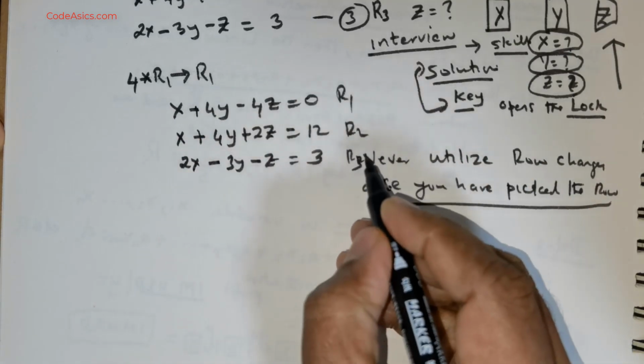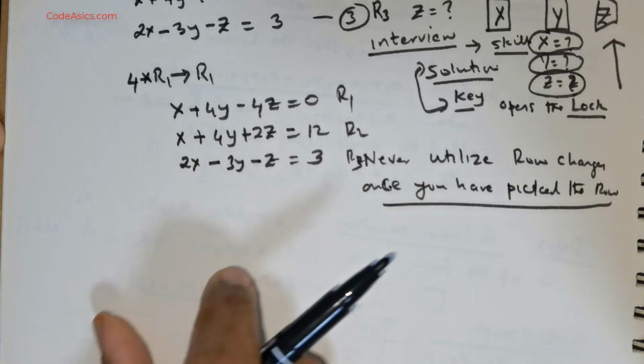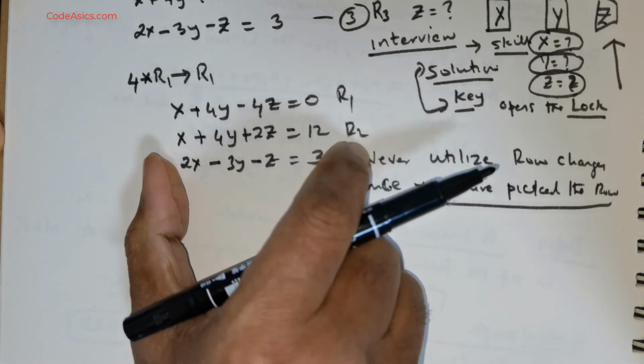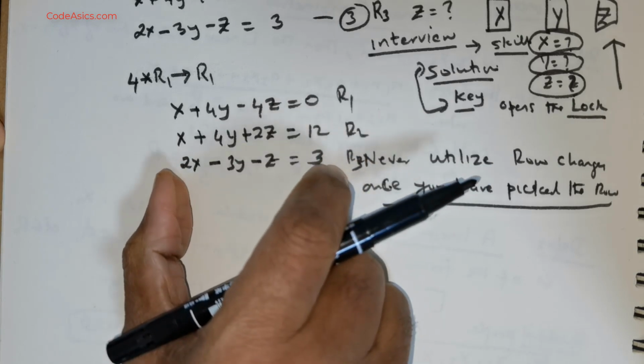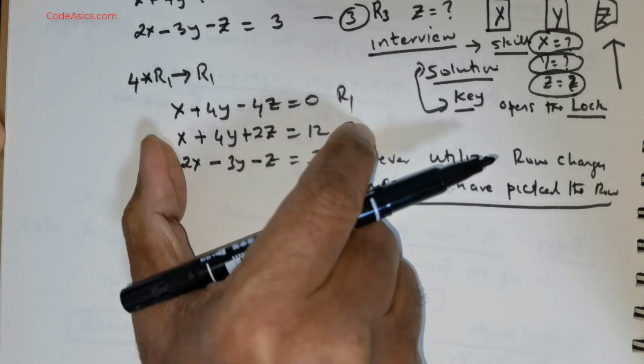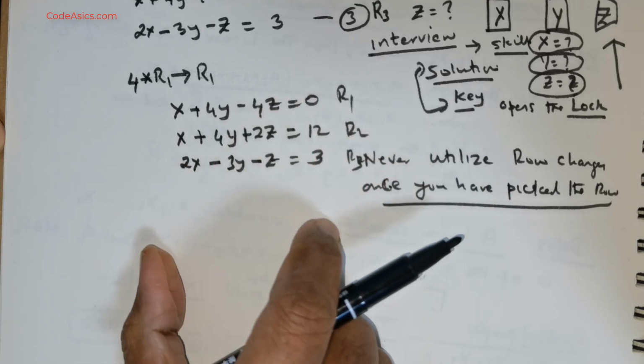I'm going to demonstrate this. I'm going to take row 1 to change row 2. After you have done that, do not use the changed row 2 to change row 3. Don't do that.